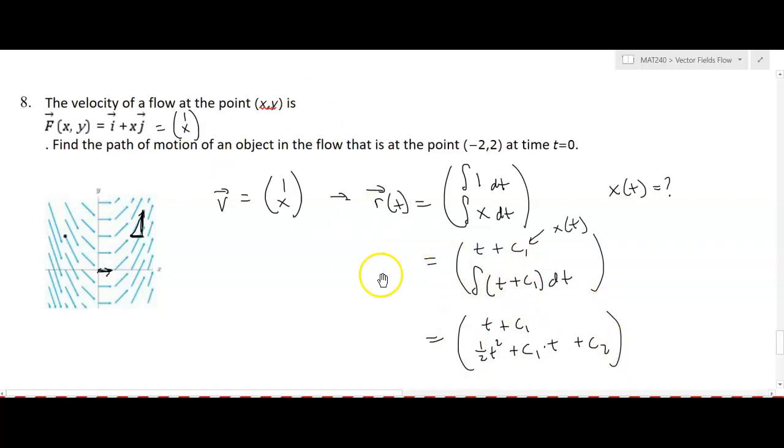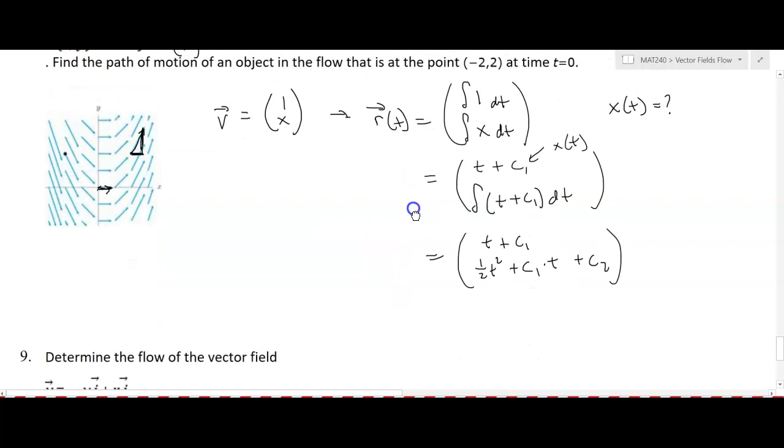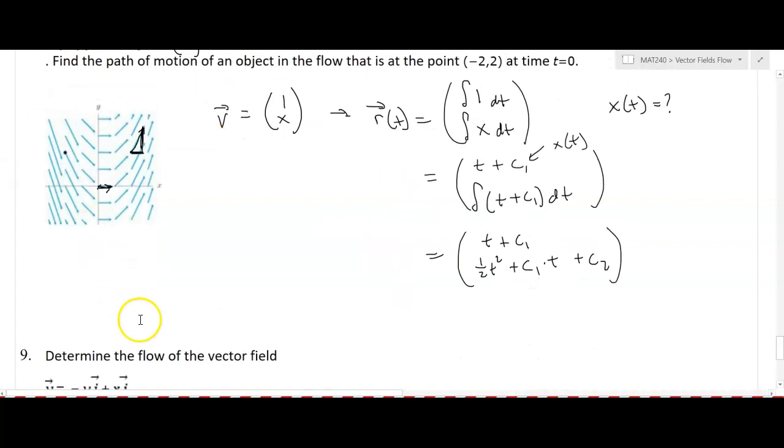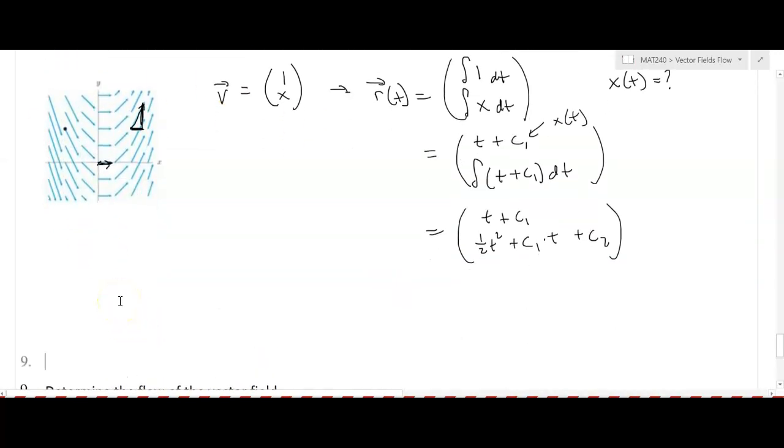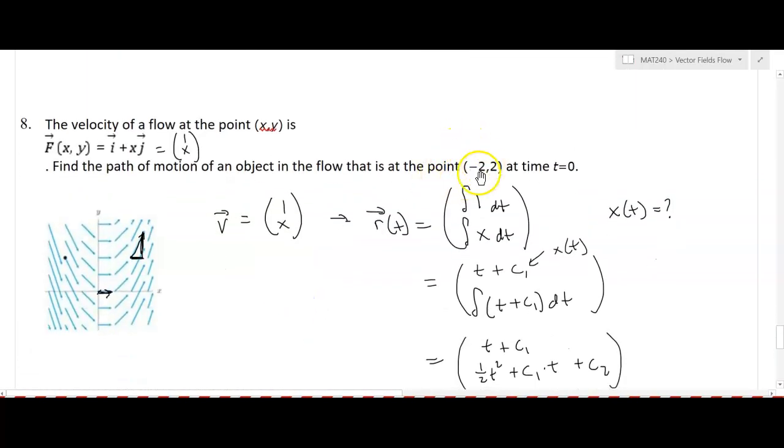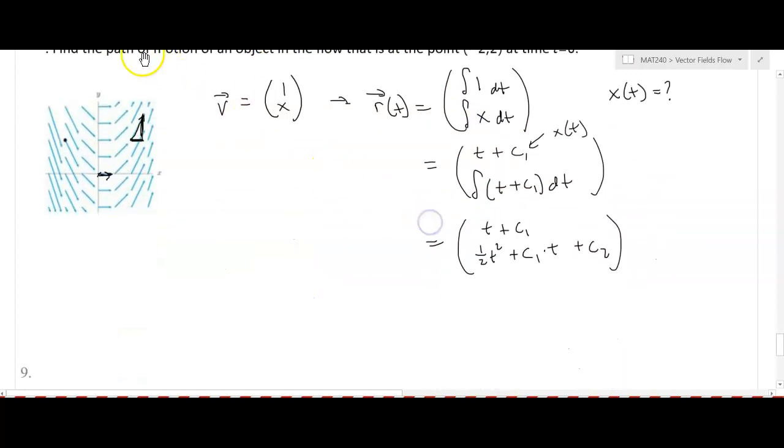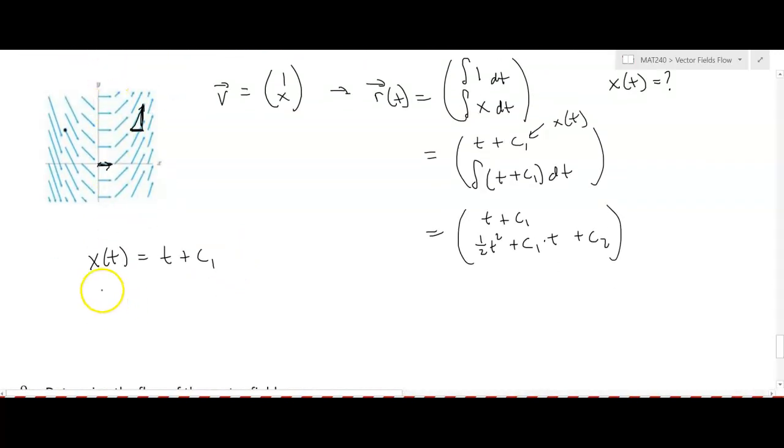And that is my position function, but I also know that I have my initial condition. So to satisfy my initial condition, I now need to substitute in those values. So at time 0, the particle is at -2, 2. And since I know that x of t is t plus c1, and I substitute in -2 for x and 0 for t, I get a c1 value of -2.